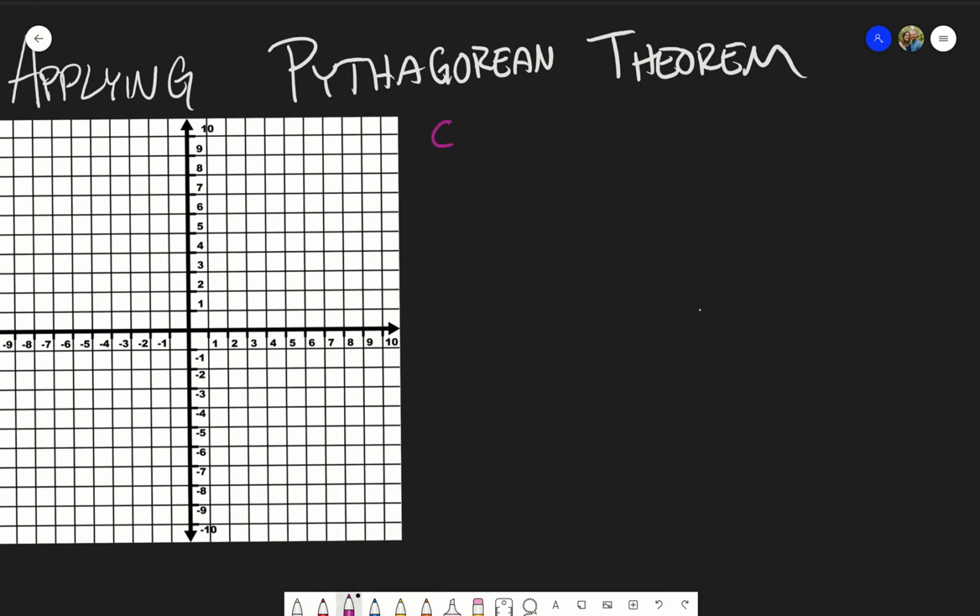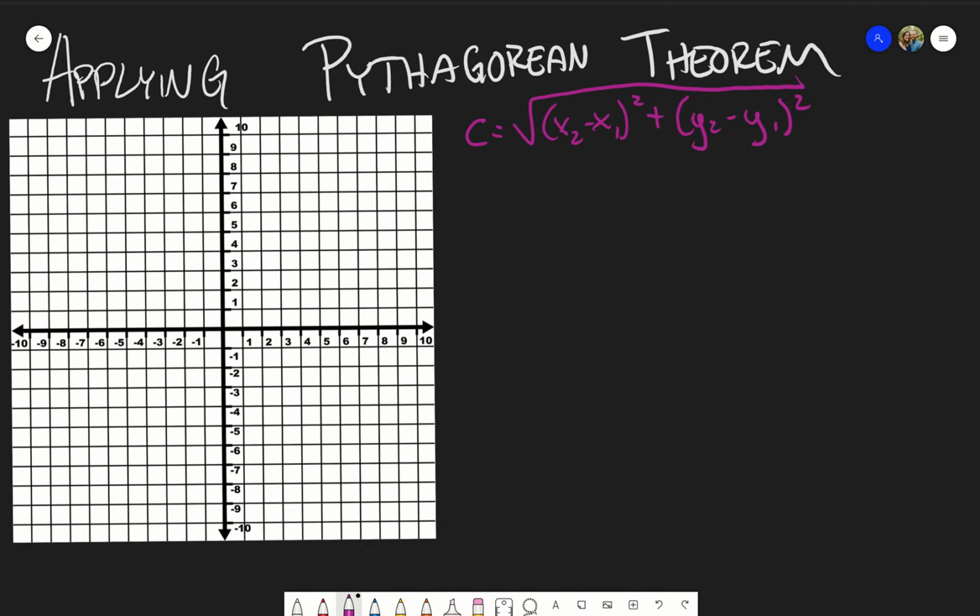C equals the square root of x2 minus x1 squared plus y2 minus y1 squared. Write this down. Make sure you have this information. All right, let's make some new points.